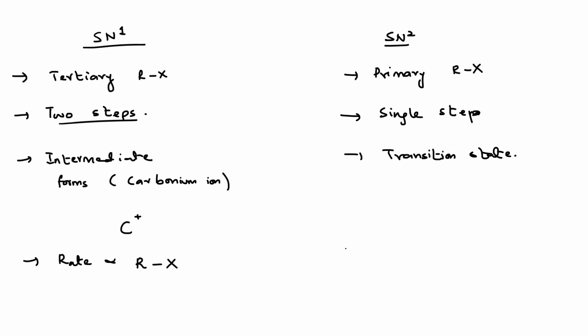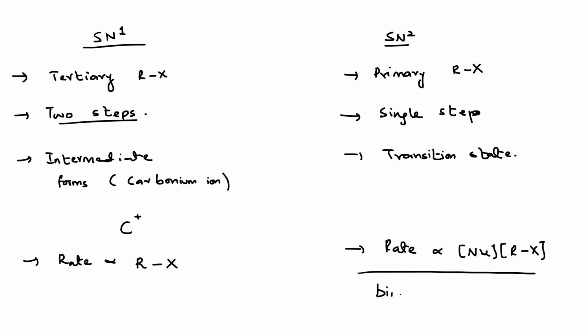But here, in SN2, the rate of the reaction depends on two things, alkyl halide and nucleophile. So that is why we name this as bimolecular. And this is basically unimolecular.